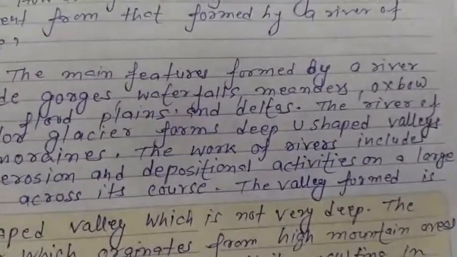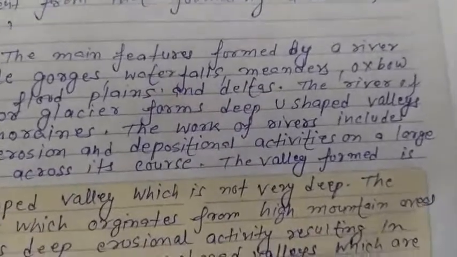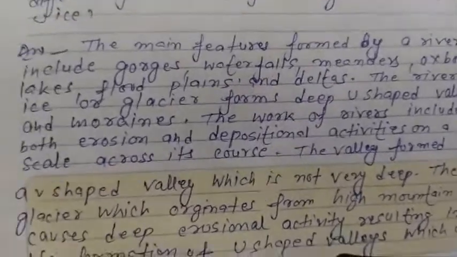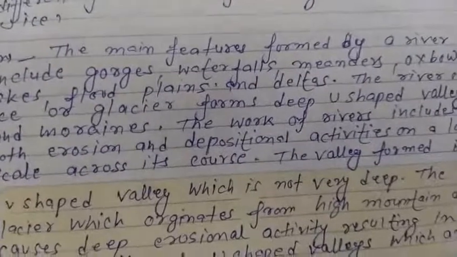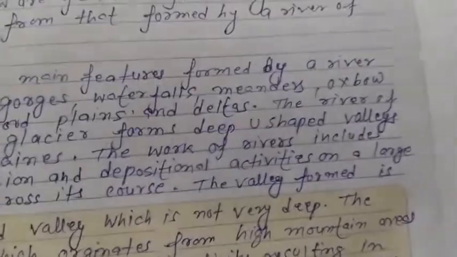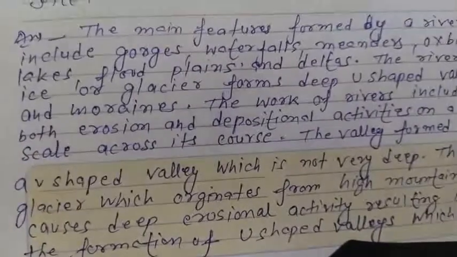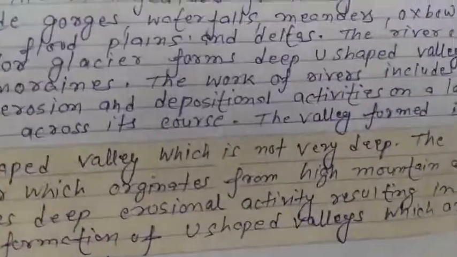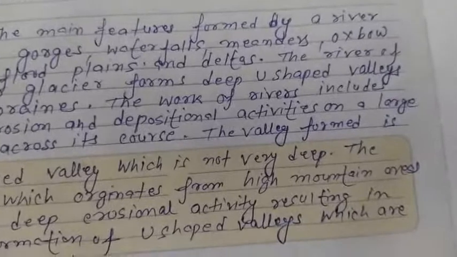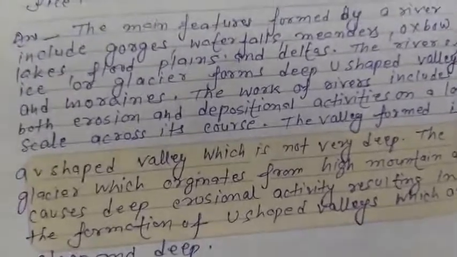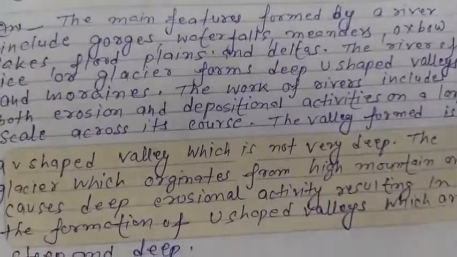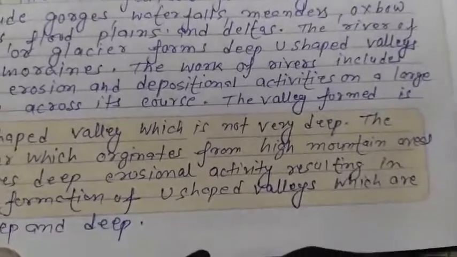moraines. The work of a river includes both erosion and depositional activities on a large scale across its course. The valley formed is a V-shaped valley, which is not very deep.